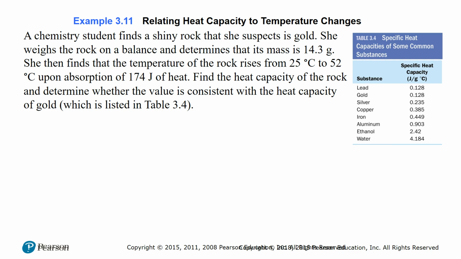So, first thing I'm going to look at is, the question is asking me to find heat capacity. So I have Q equals MC delta T. How can I manipulate this equation to solve for heat capacity? What do I need to get by itself? I have to get the C by itself.